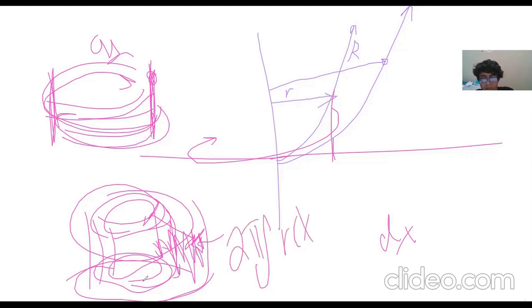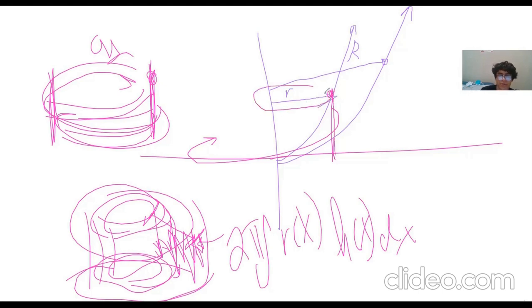So now we have an r of x function and an h of x function. What's the r of x in this case? If each one produces its own cylinder, let's take this one for example. The radius is simply the x value that it's at. As you have larger and larger x values, you're getting farther out and producing wider cylinders with larger radii.